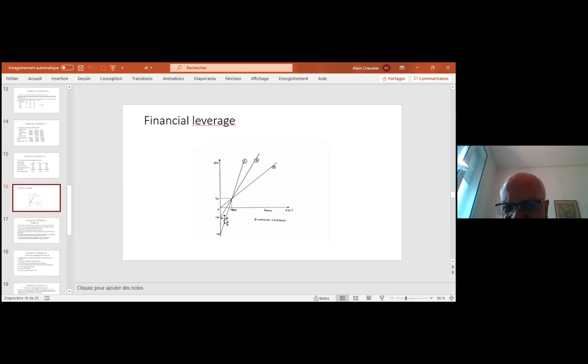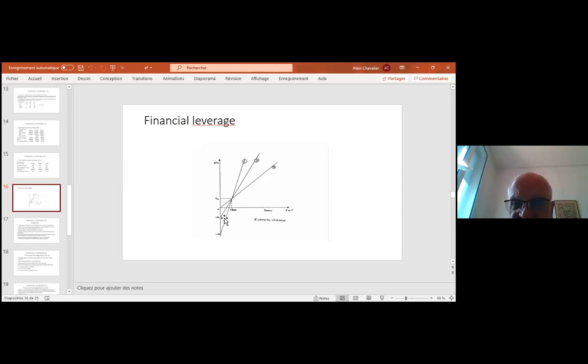So you understand that 48,000 is equal to 600,000, the total level of investment, multiplied by 8%, which is the interest rate.